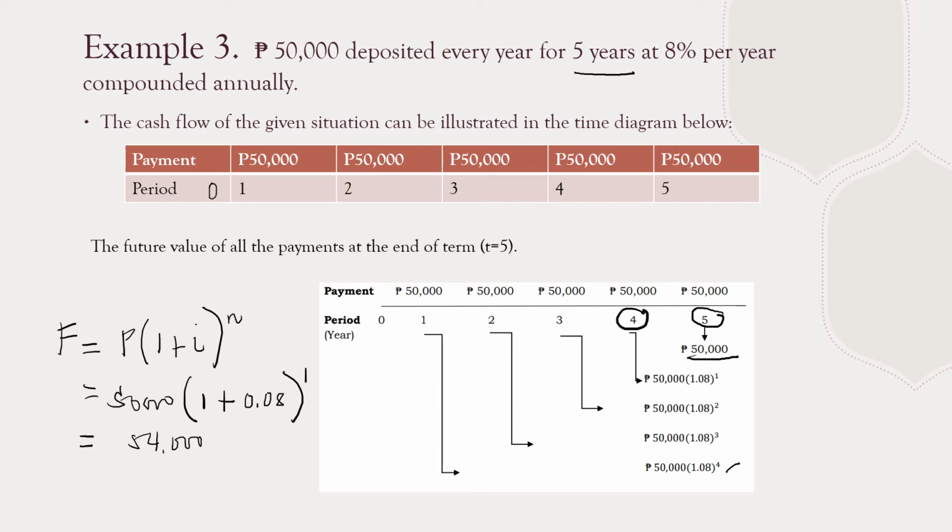Ayun yung raised to 3. Tapos, 50,000 times 1.08, kasi kaya yan 1.08 because 1 plus 0.08, raised to 4. So, these are the values of the 50,000 being invested every year.